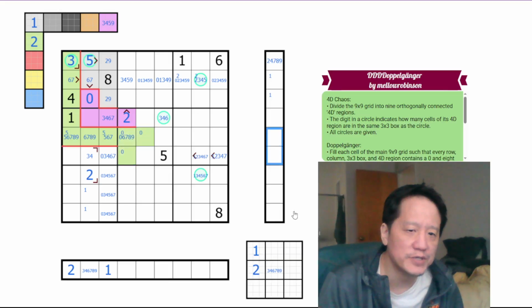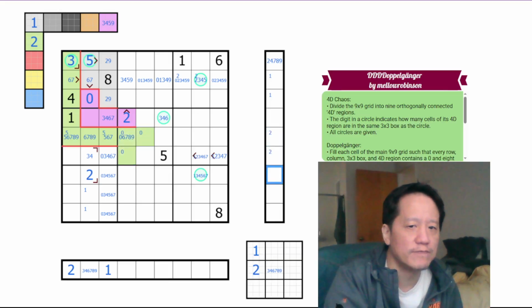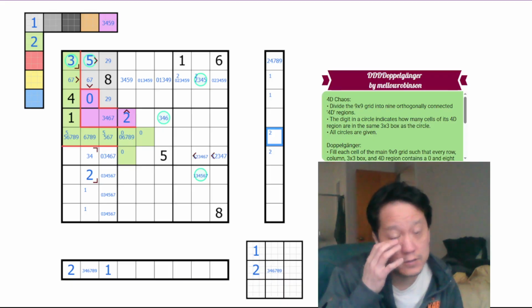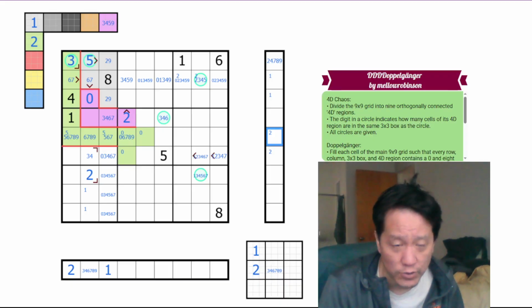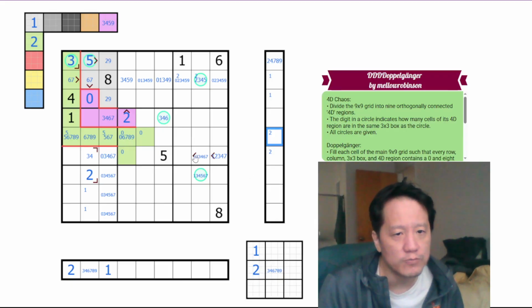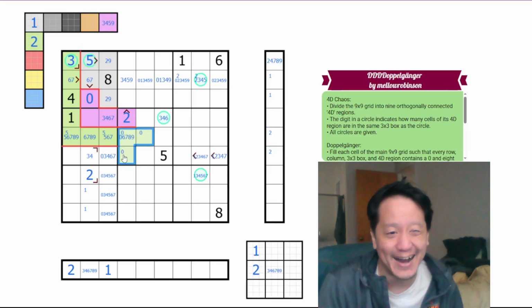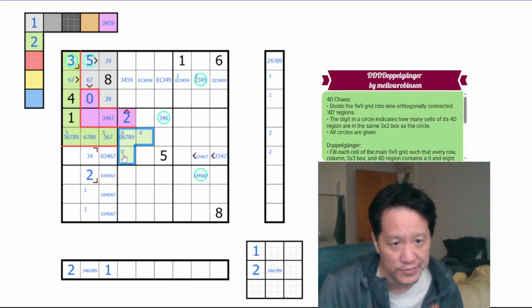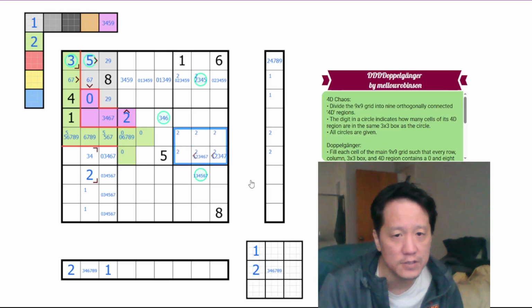So we have to be missing a 2 in either column 5 or column 6. Sorry, row 5 or row 6. Because it's wherever this 0 is not, interestingly enough. So we can't have a 2 here or a 2 here, which means there must be a 2 in one of these cells here.